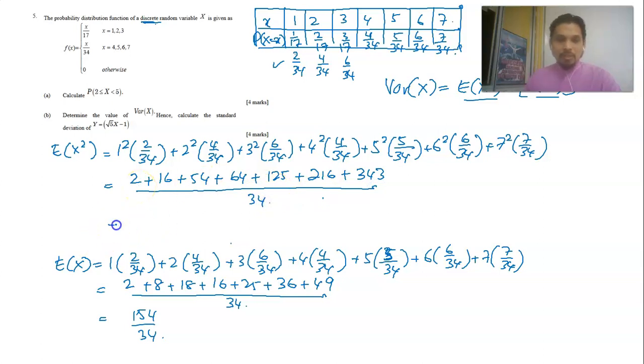So the total of this equal to 2 plus 16 plus 54 plus 64 plus 125 plus 216 and 343, which is 820 divided by 34. Okay, so it's time for us now to substitute the values into the equation.